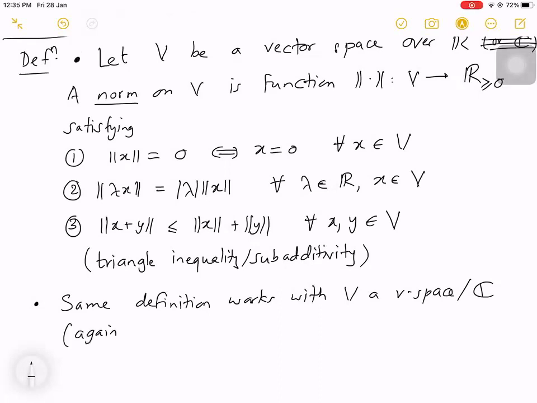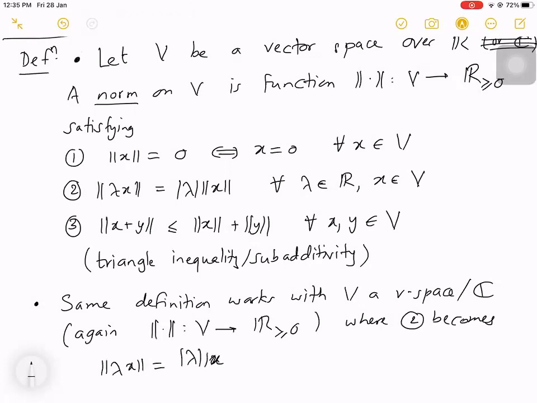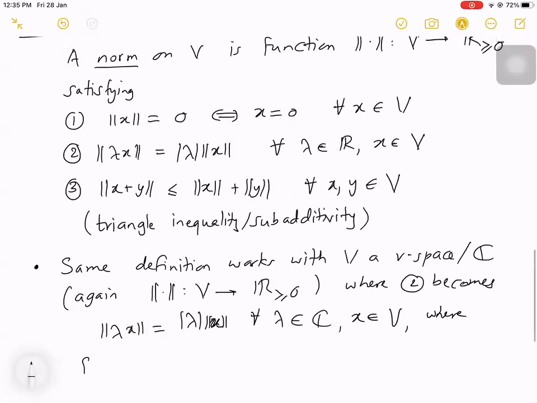Again, just to emphasize, norm is a function from V to the reals, where 2 becomes the exact same thing for all lambda in complex numbers and x in V, where for lambda equals a plus bi, the absolute value of lambda is, well, the square root of a squared plus b squared. So it's the usual one, right?